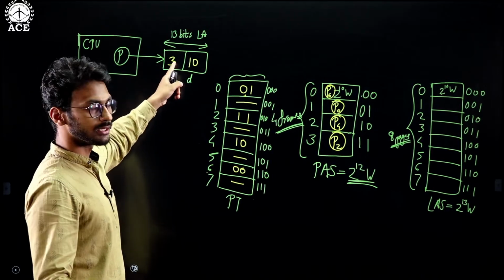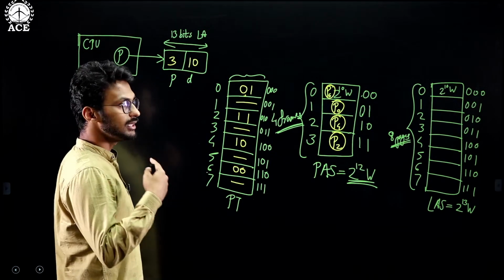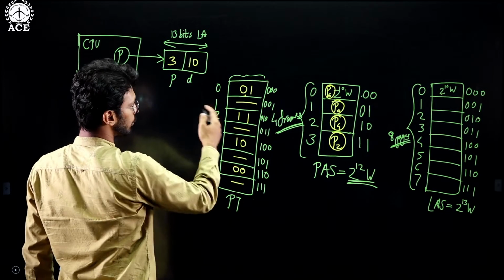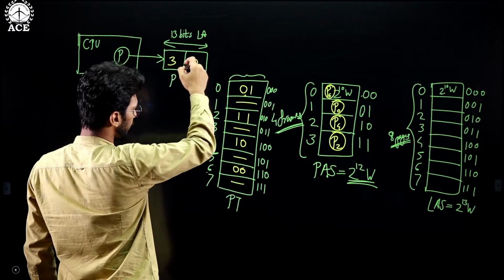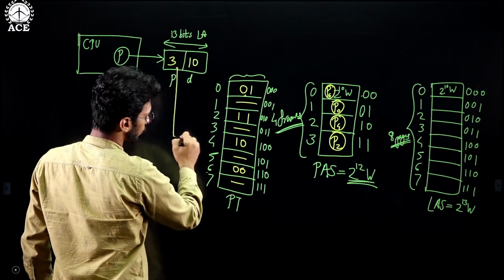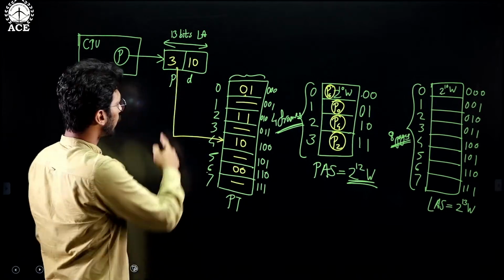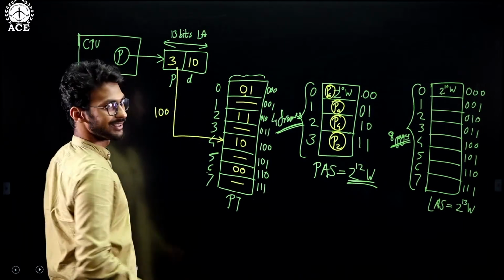If I want to refer to, let's say, page 4, see, have a look at this. If I want to refer to page 4, what will be here? 4 means 100.